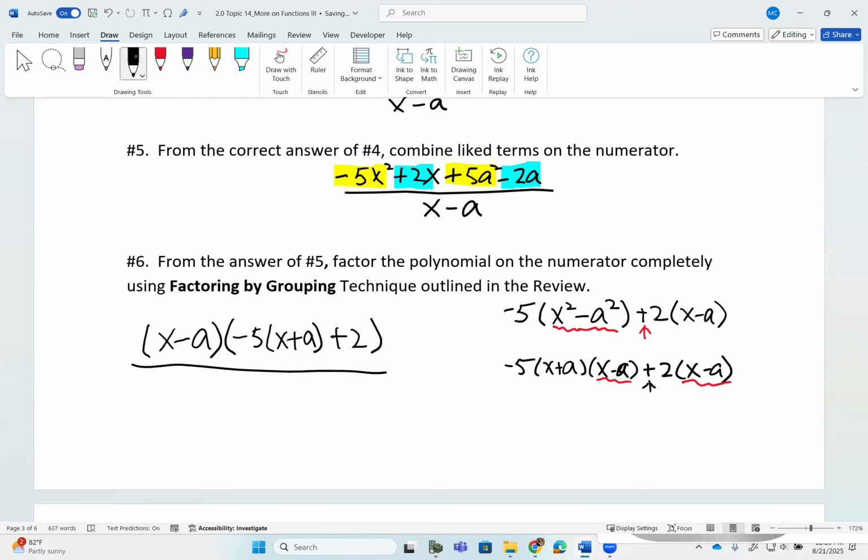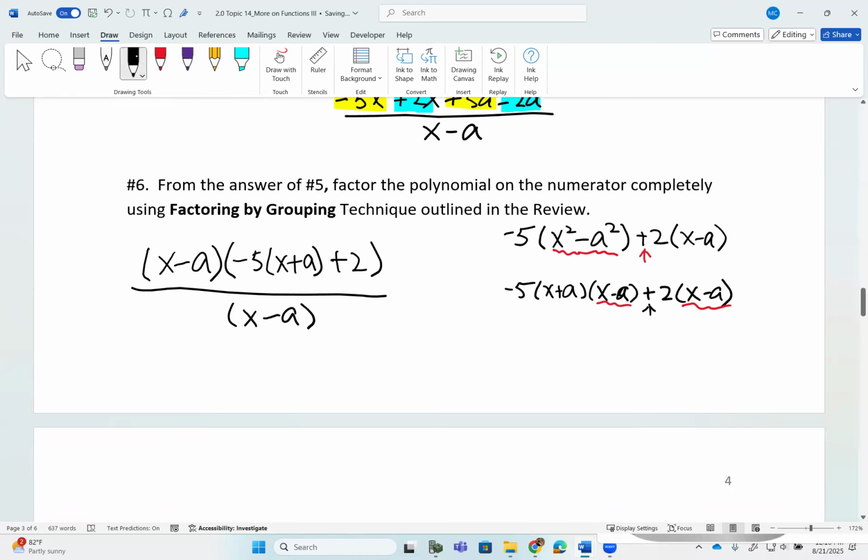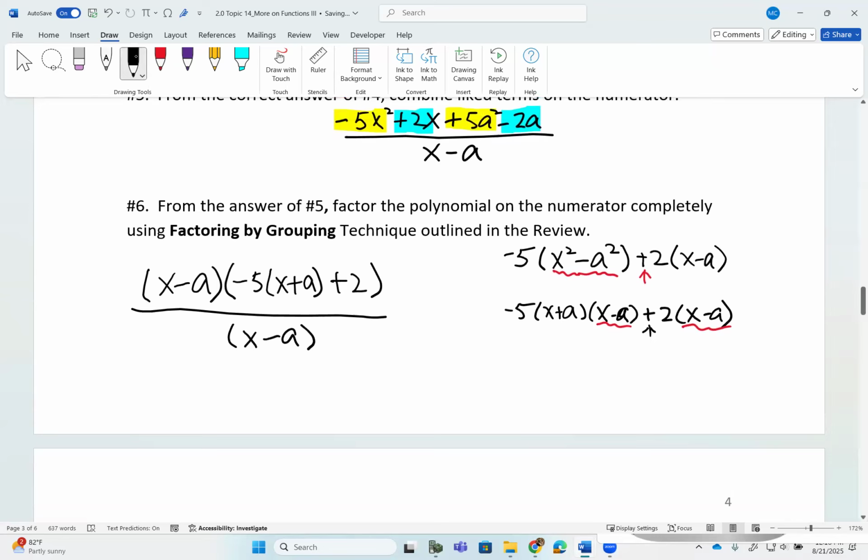Whole thing over x minus a. Since I'm factoring the numerator, I will need to factor the denominator as well. X minus a, there's nothing to factor out other than 1. So I will put x minus a in parentheses. There you go. So once I factor the numerator and denominator, then I can cancel out the x minus a. So this is what I should be left with.